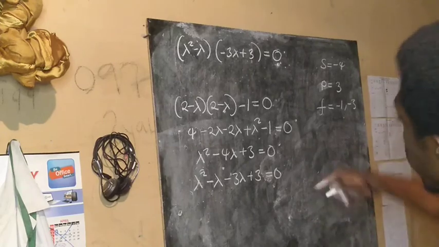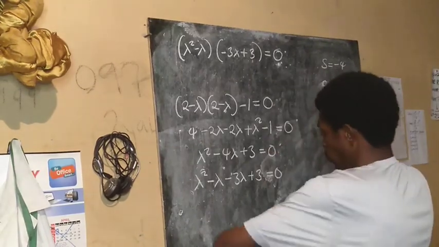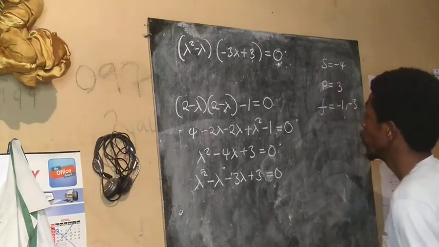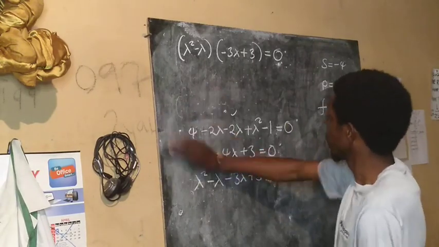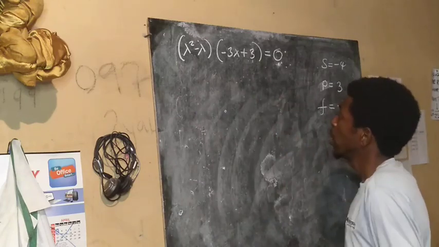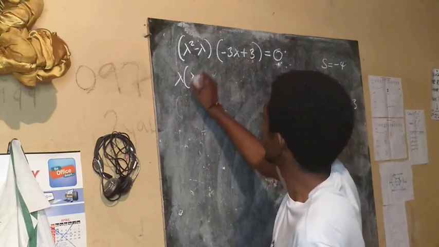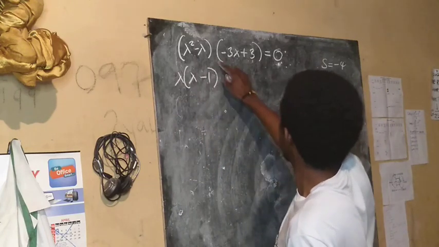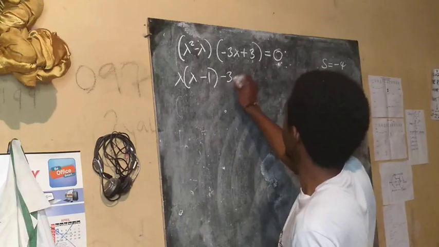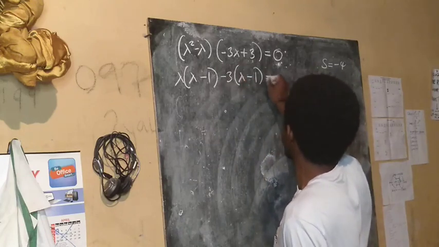Since the board is not enough, I'll say we factorize lambda out, so lambda out, then I have lambda minus 1. The other side I'll say minus 3 out, then I have lambda minus 1, like this, equals 0.